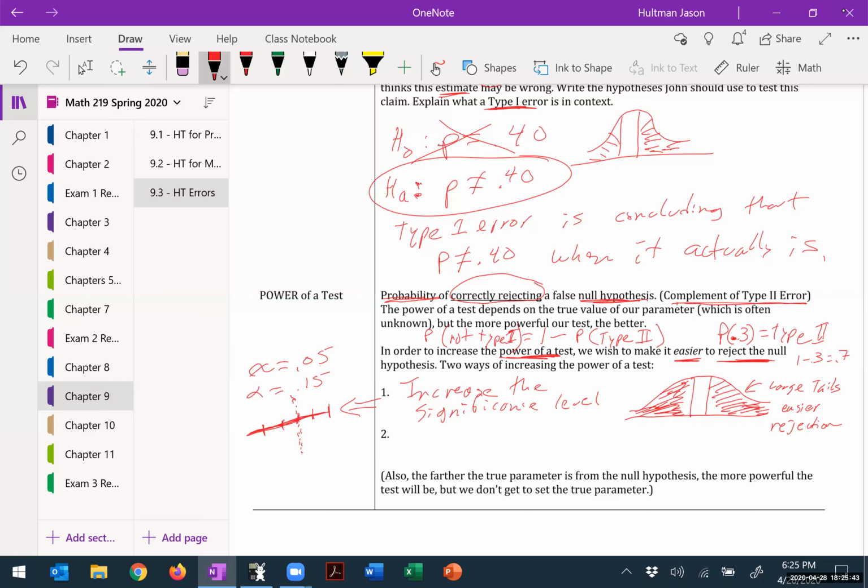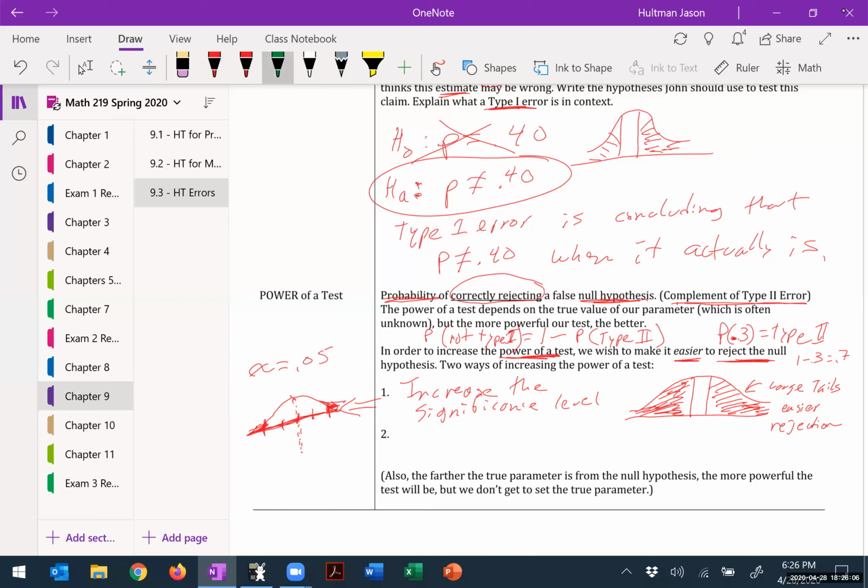And so maybe it looks like this, from my graph. Alpha being 0.05 is going to be 2 standard deviations away from the mean. But what is alpha of 0.15 going to look like?